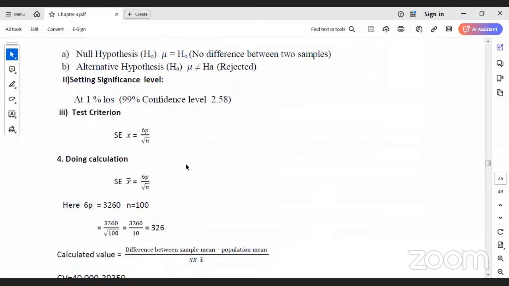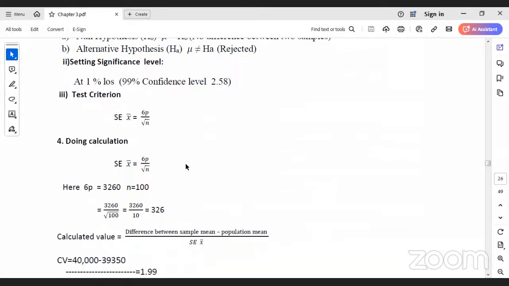Okay. So the test criterion, the formula is: standard error of x bar is equal to standard deviation divided by root n. Then doing the calculation, the standard deviation is 3260 and n is equal to 100.